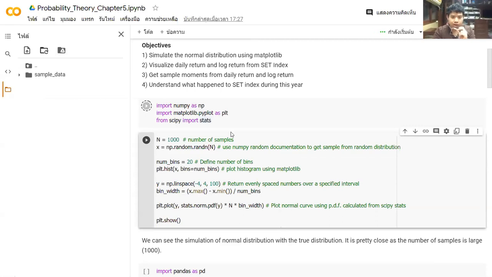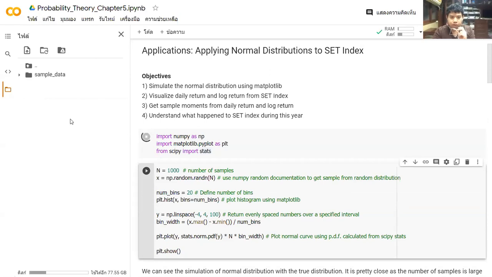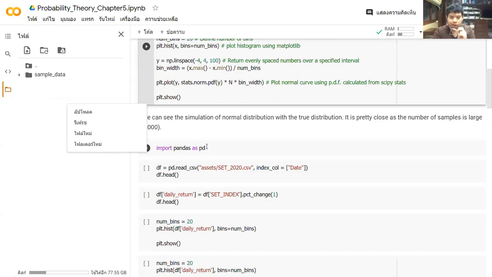Because for this one, I think I have to import some file. Okay, so let's see.